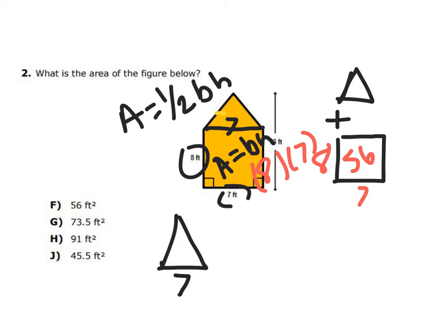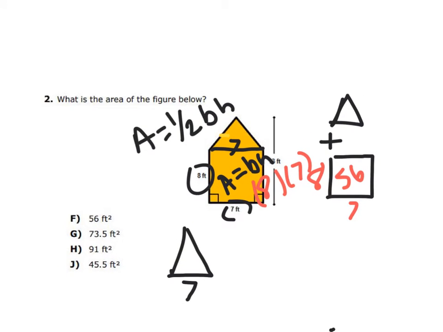Now to determine the height, we need to look at the triangle's perpendicular distance from the top of the triangle down to the base. Now perpendicular distance means, well, where can I make a right angle? Remember, right angles are straight lines where they all come together. If I draw a dashed line, that is the height of the triangle.